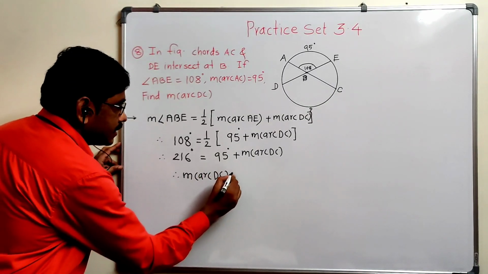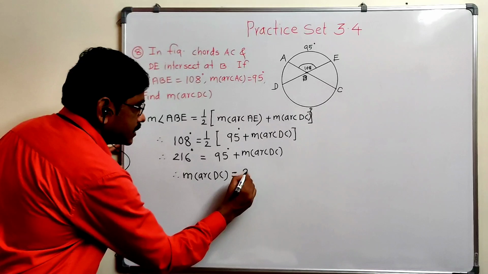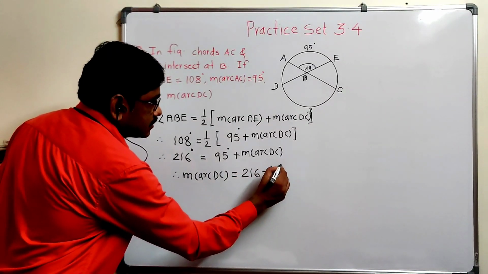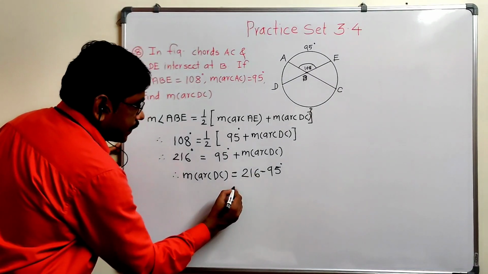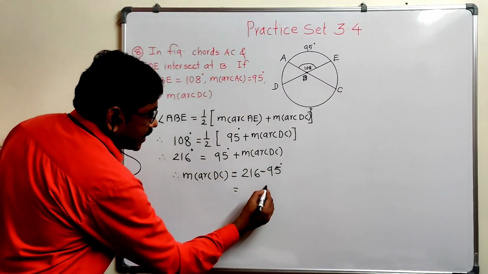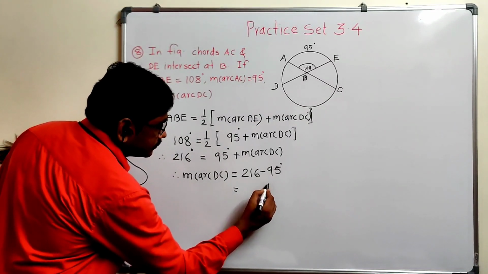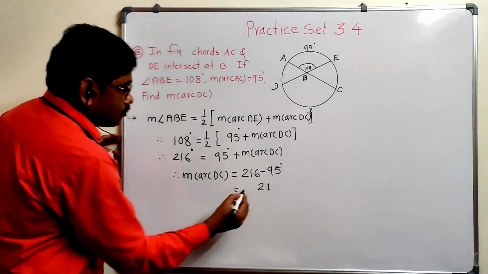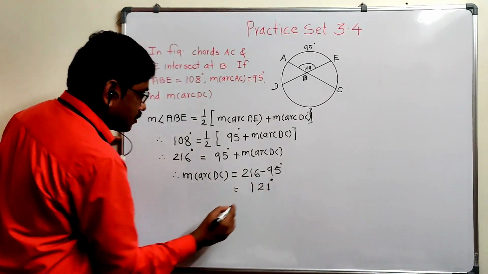equals this 216 minus this 95. So we get 6 minus 5 is 1. Here 11 minus 9 is 2 and 2 minus 1 is 1. So 121 degree.